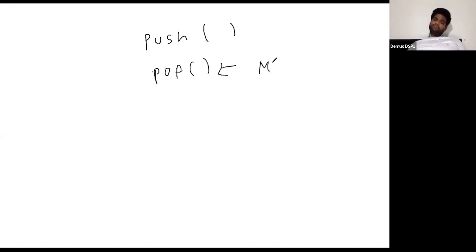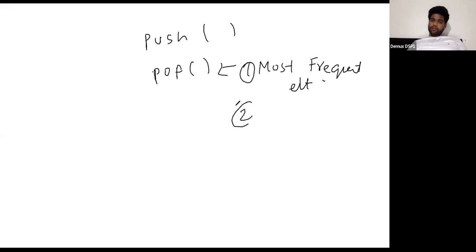So what do I have to do? We have to design a stack which supports pushing. So you can push any number in the stack, and it supports popping. When you pop, it should return the most frequent element. So there are two things here. It should return the most frequent element. That's the first part.